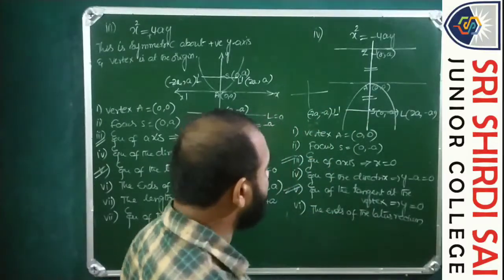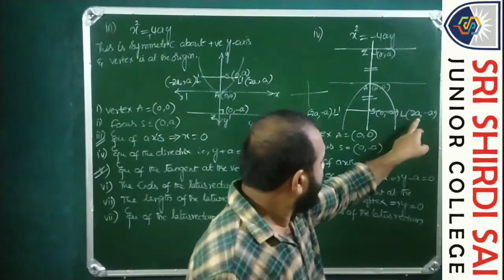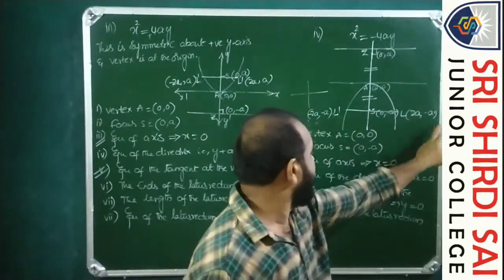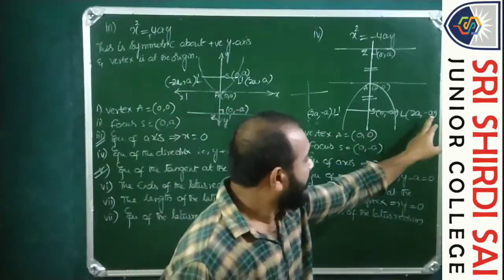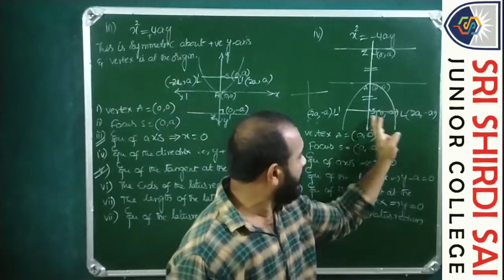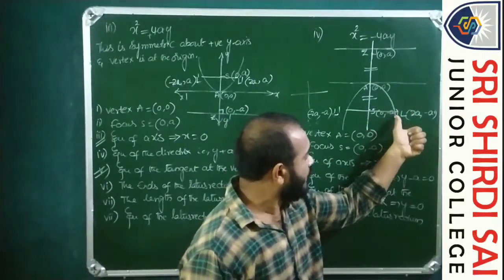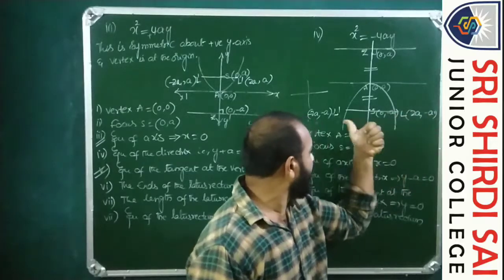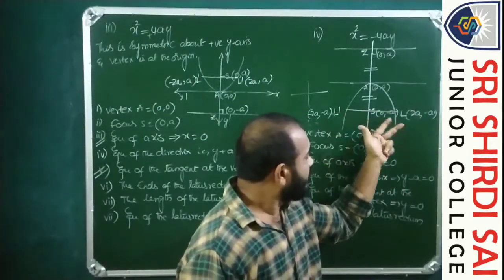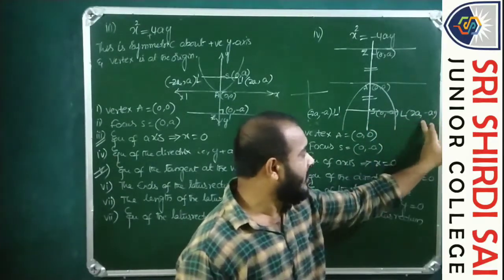So since this is the same line, all the y coordinates are equal: minus a, minus a, minus a, and the length of this is 2a and this is 2a. So this is 2a comma minus a. Which quadrant is it?